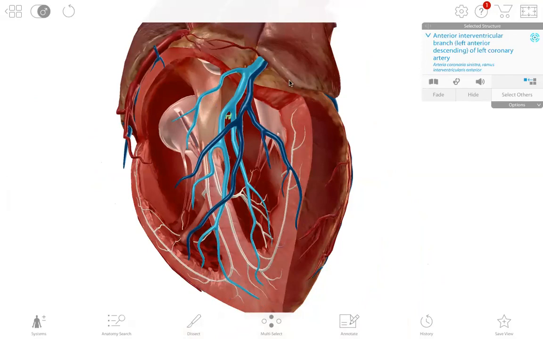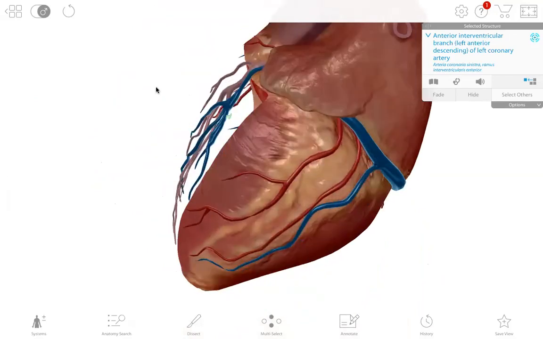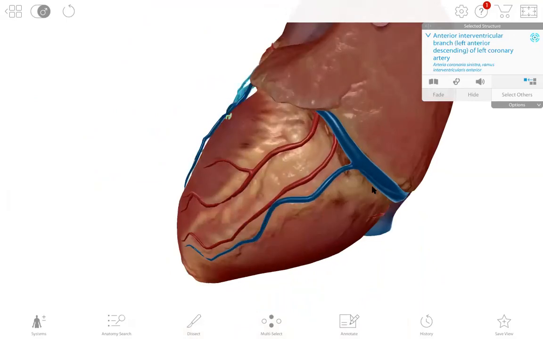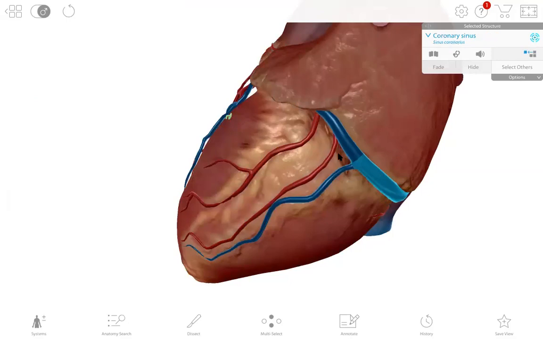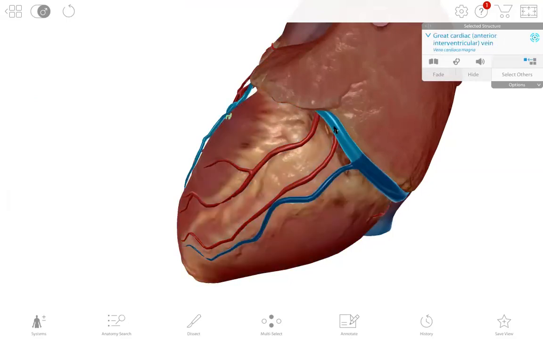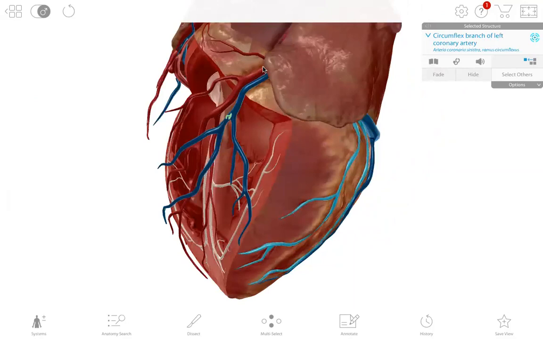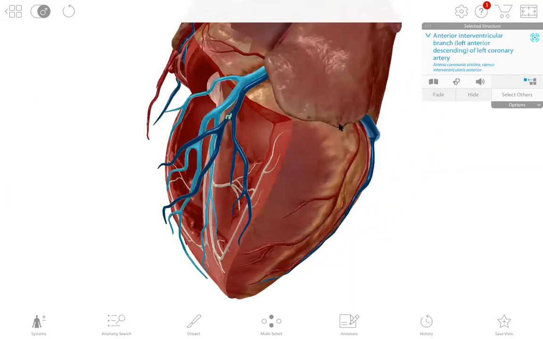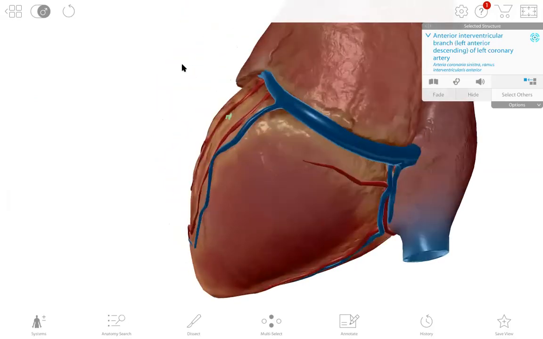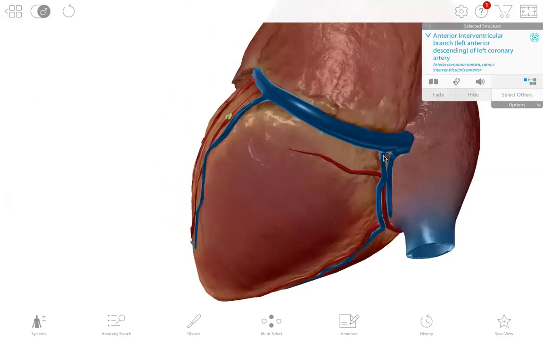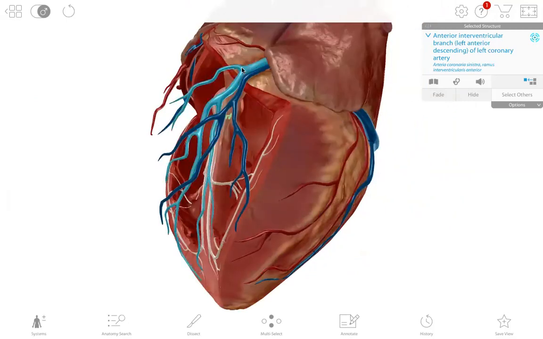The rest of the left coronary artery will continue as the circumflex branch of the left coronary artery, which runs in the atrioventricular groove until it anastomoses with the right coronary artery. Good.